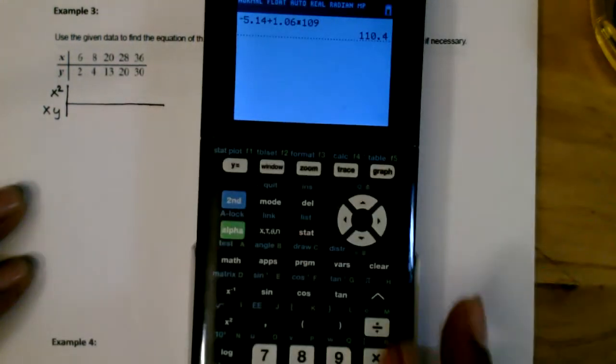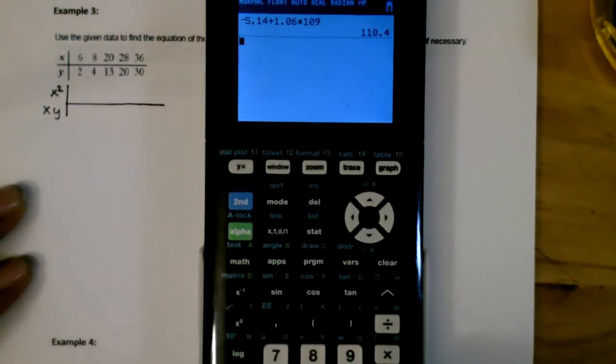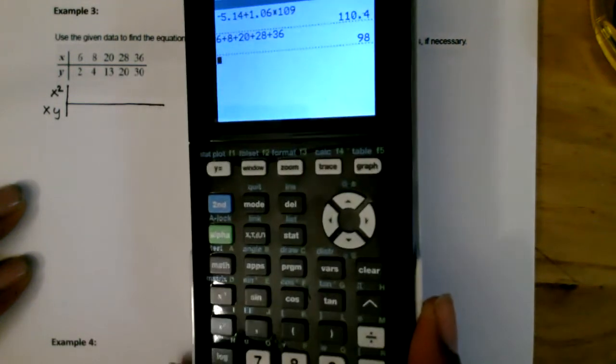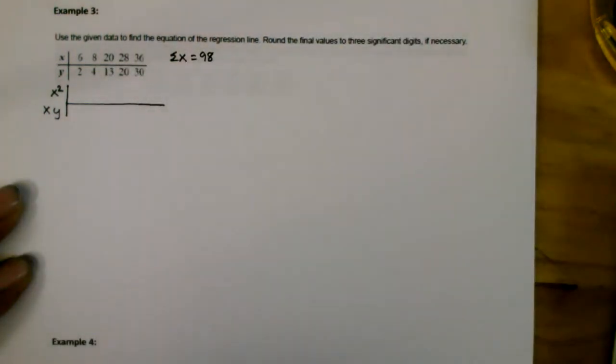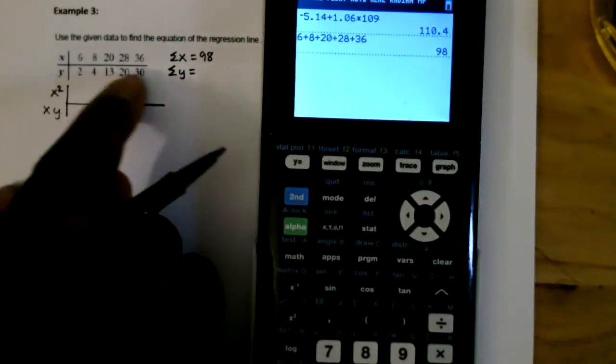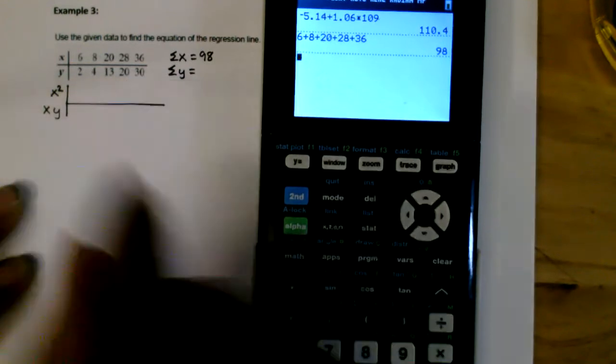Okay, let's find the sum of the x. That's simply adding all the x coordinates together: 6 plus 8 plus 20 plus 28 plus 36. That would give you 98. So out to the side, I would say the sum of the x is 98. And then I need the sum of the y values: the 2, the 4, 13, 20, and 30.